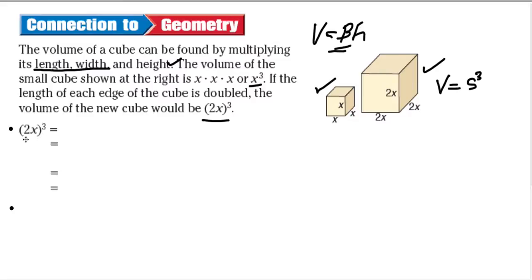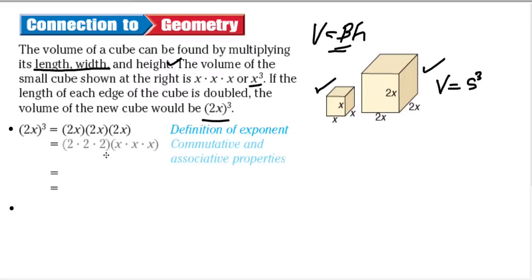So let's say you have 2x raised to the 3rd power. If we use the definition of exponent, we now have 2x times 2x times 2x. Using the commutative and associative properties of multiplication, we move all the 2's next to each other and all the x's next to each other.